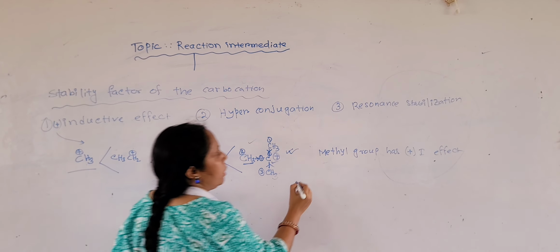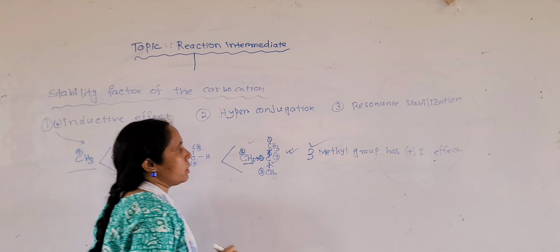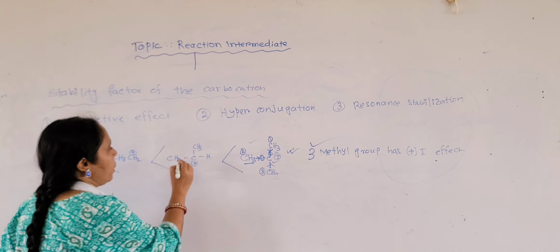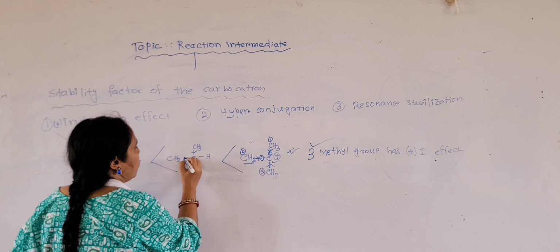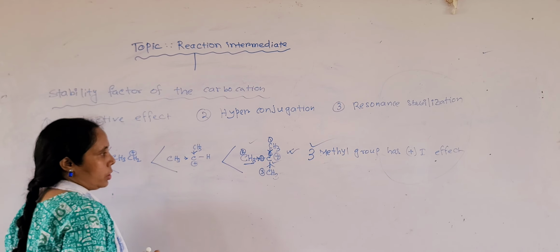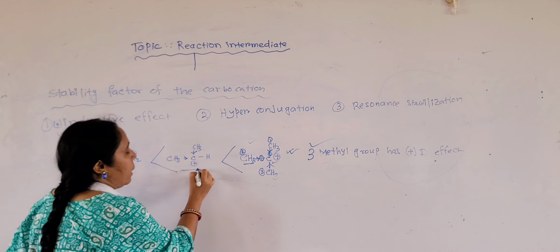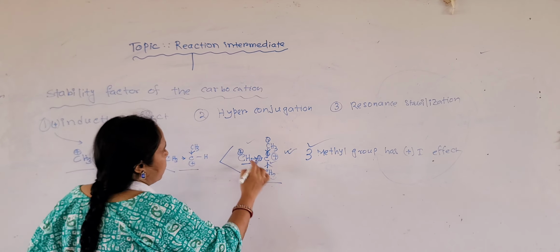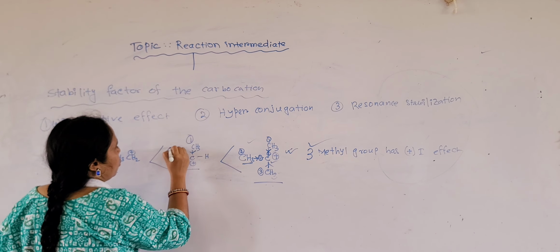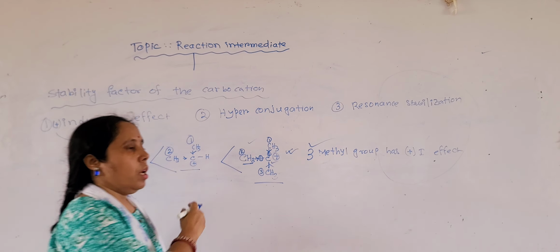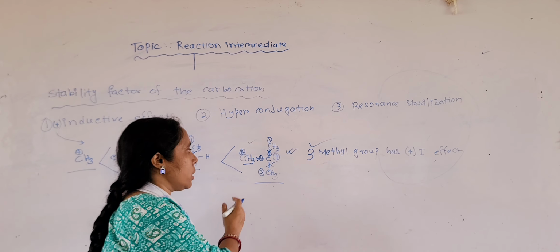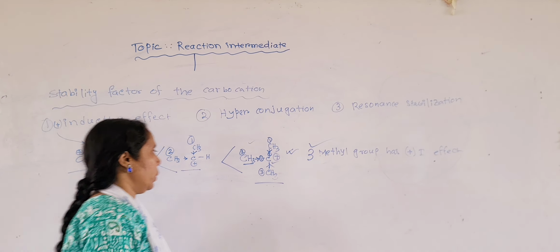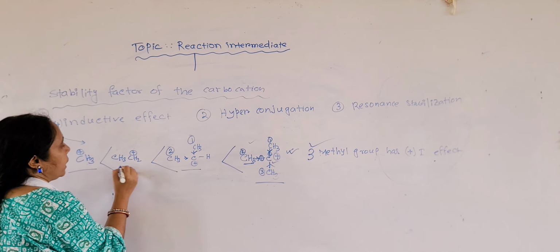Here we have 3 methyl groups in this compound, so it is more stable. Now here are 2 methyl groups, both with plus I effect. So it is also stable, but not as stable as tertiary, because here there are 3 and here only 2. So obviously the secondary or 2 degree isopropyl cation is less stable than the tertiary butyl cation. Next is the ethyl cation.